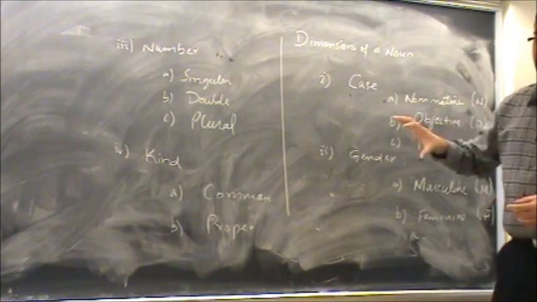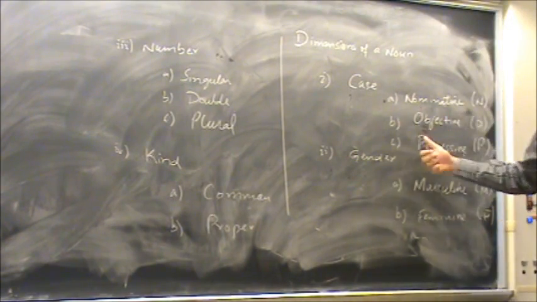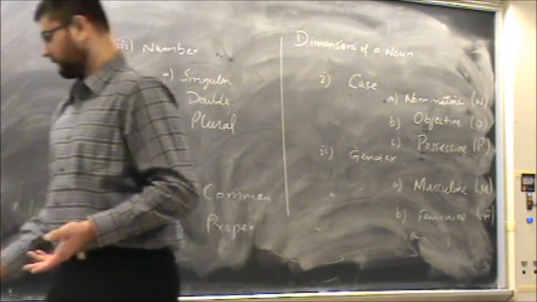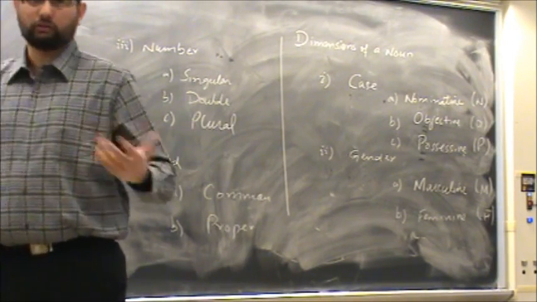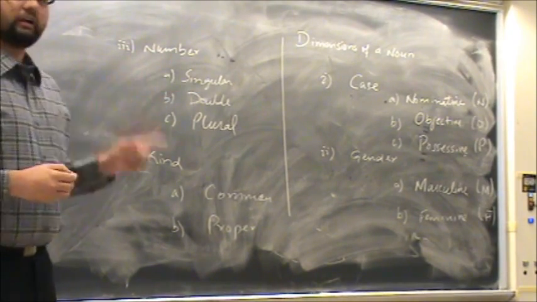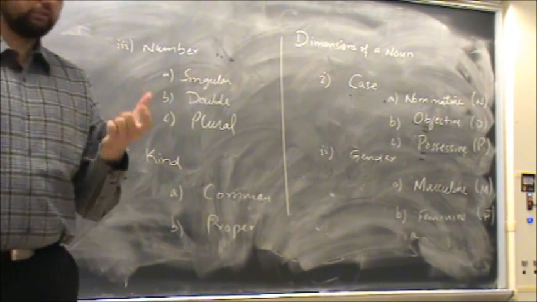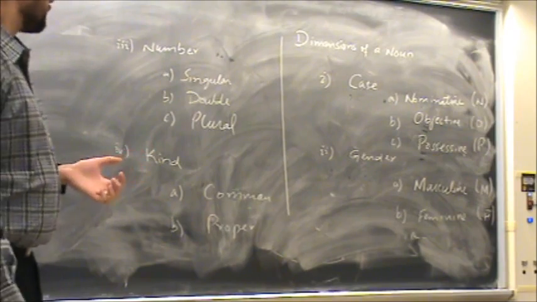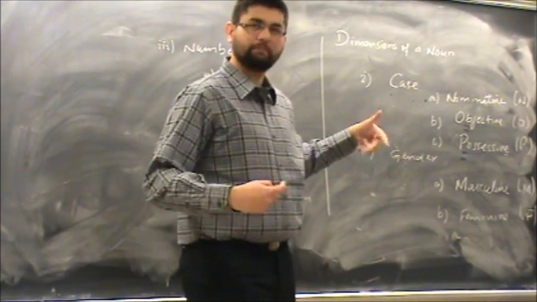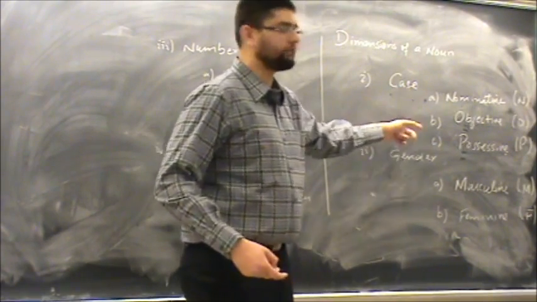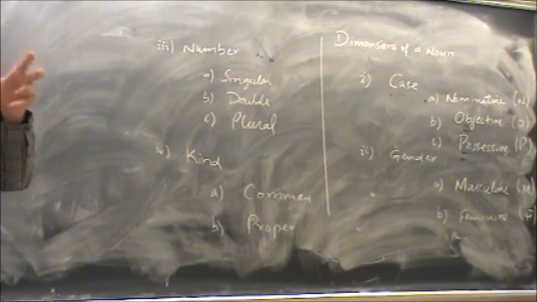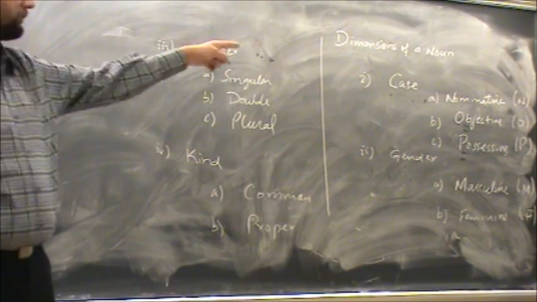So we said that every noun must be in one of these 3 cases. Now how would we identify which case a noun is in? We can identify by looking at the word itself, okay? Not all nouns have a similar shape when they are in one of these cases. So that's why we have to divide the nouns in 3 categories in terms of case.